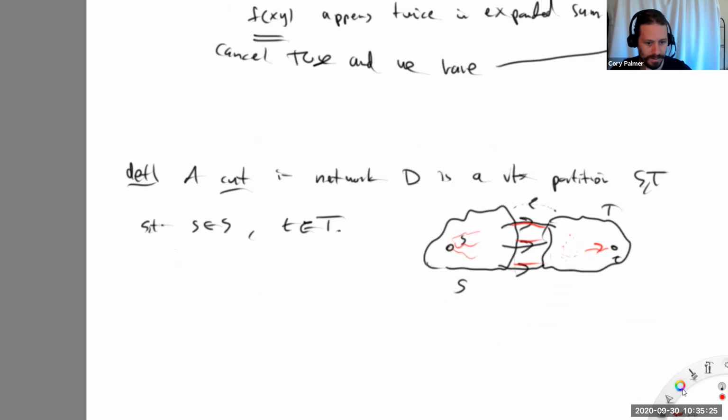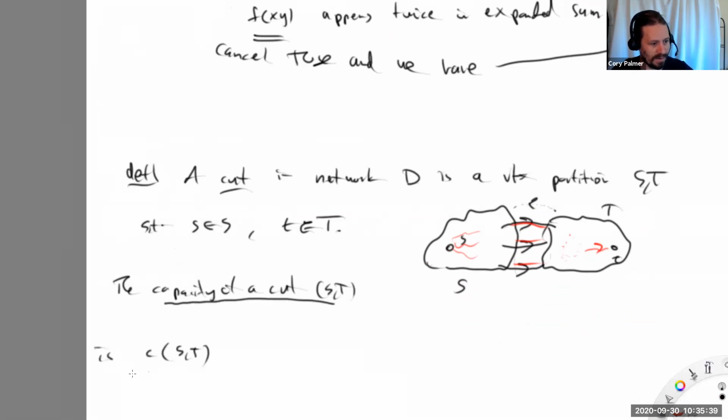So the capacity of a cut S, T, so just that special partition, is denoted c(S,T). And it just equals the sum of all the edges going from S to T. We don't subtract the backward edges because you might have no flow going along those, so they don't contribute to an upper bound.